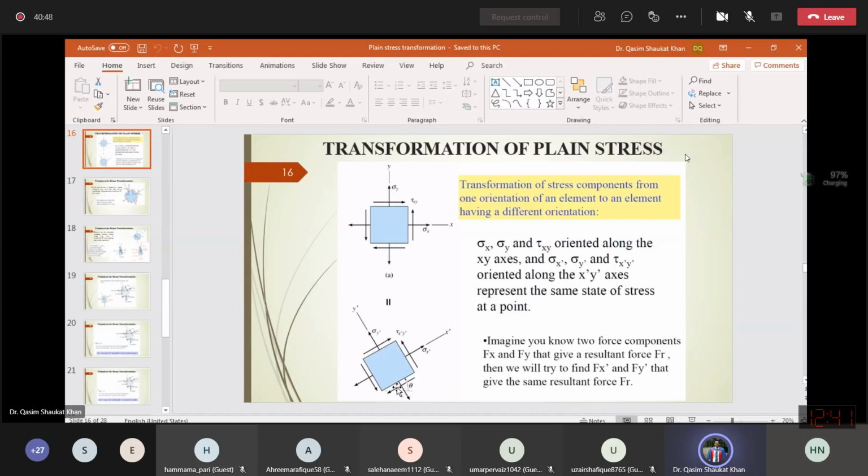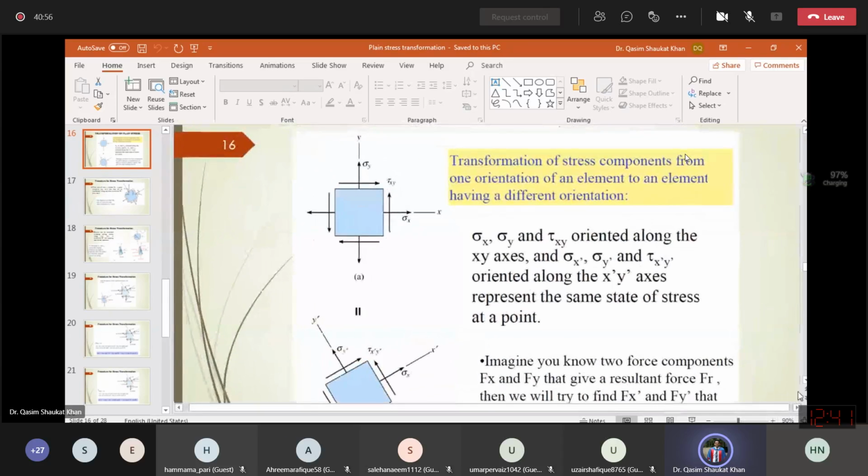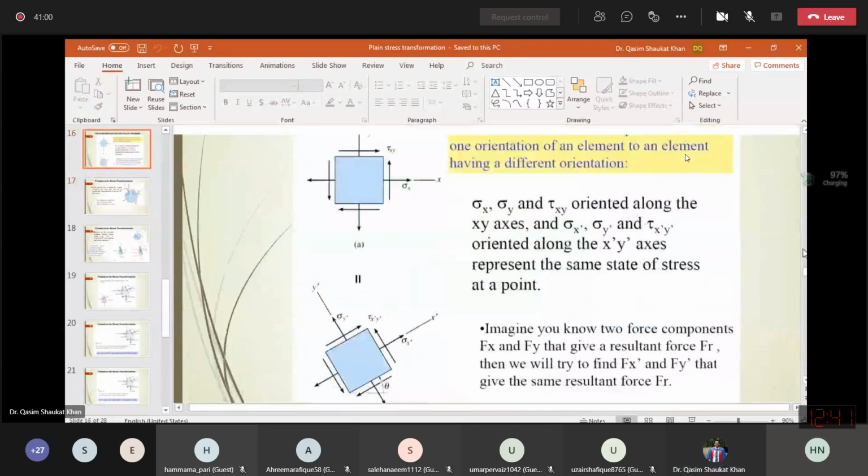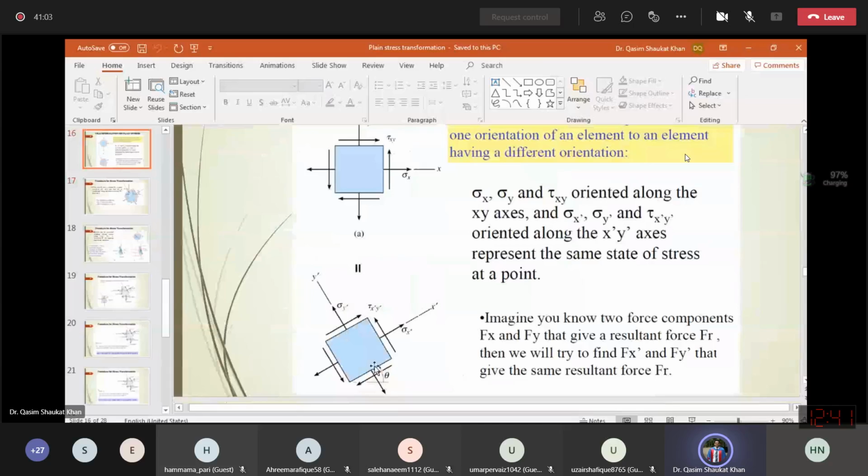You can see your x dash axis is rotated counterclockwise. This theta is counterclockwise, so this is my positive sign convention.